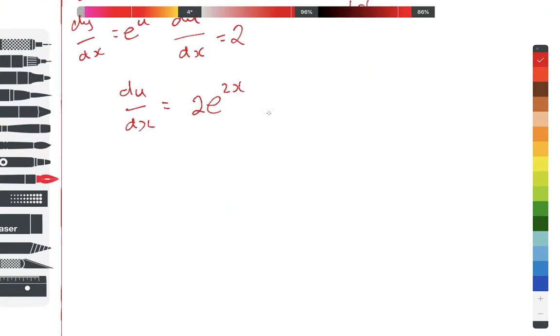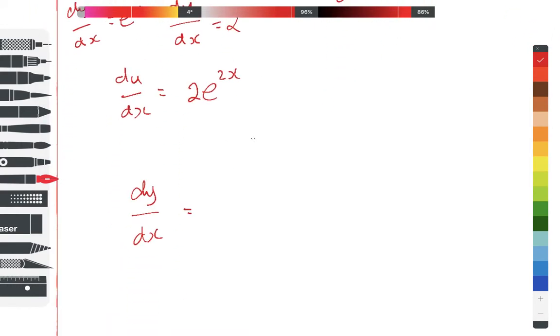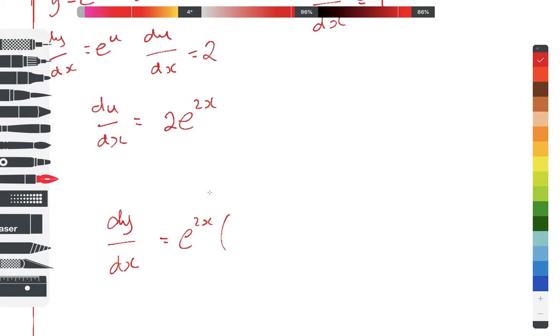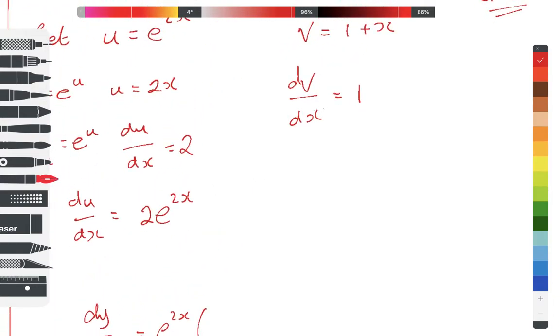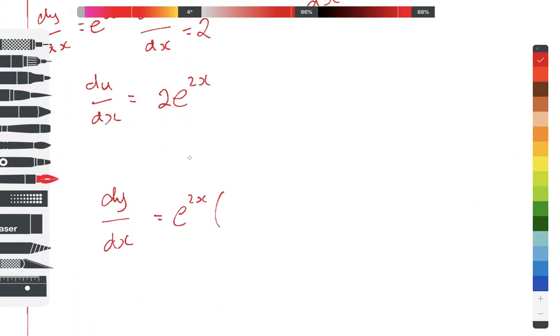So if I just go down, I can say dy by dx is going to equal u. So where's my u? There it is. It's e to the 2x multiplied by dv by dx, which is 1. And I'm going to add on to that v multiplied by du by dx, okay?